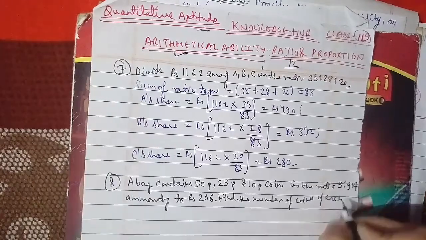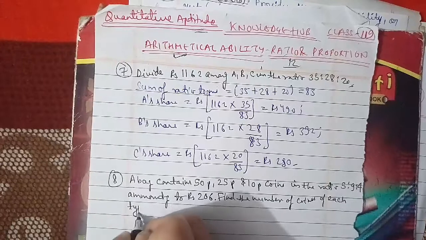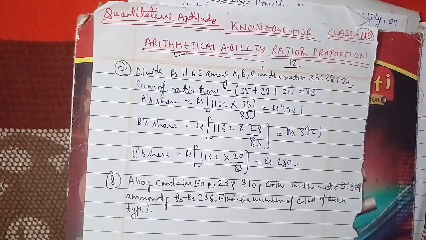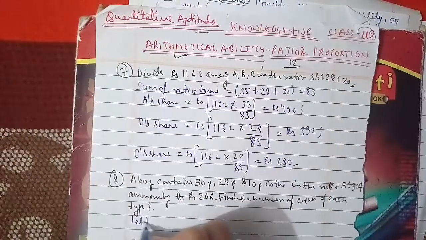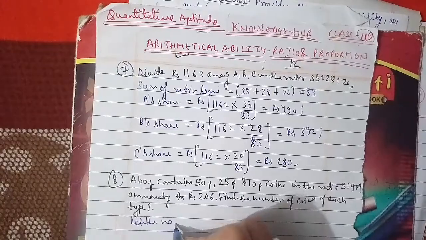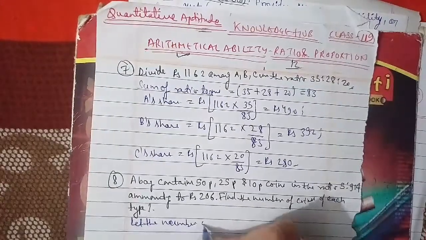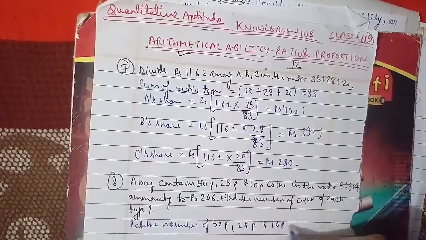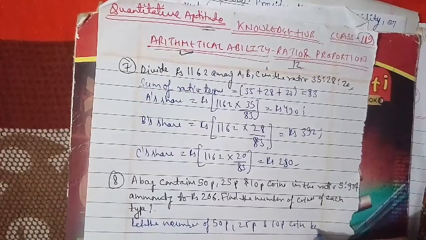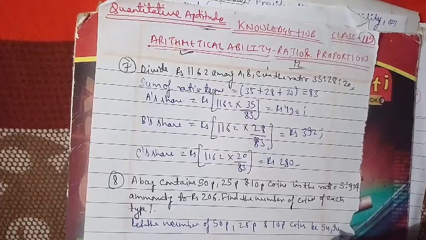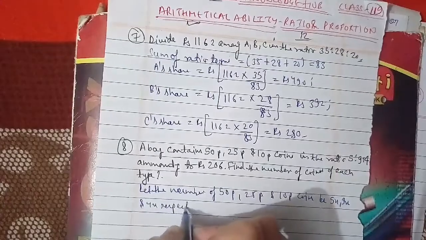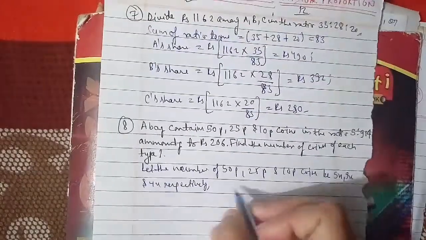Let the number of 50 paisa, 25 paisa and 10 paisa coins be 5x, 9x and 4x respectively. Then 5x by 2 plus 9x by 4 plus 4x by 10 equals 206.